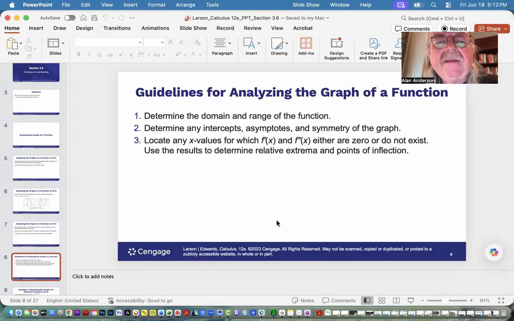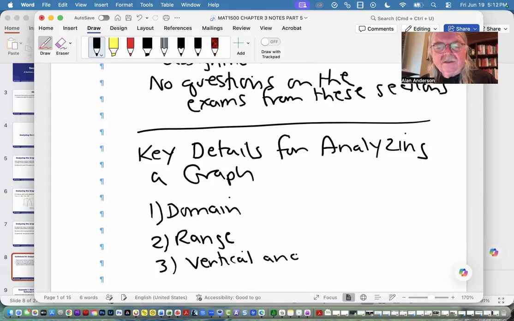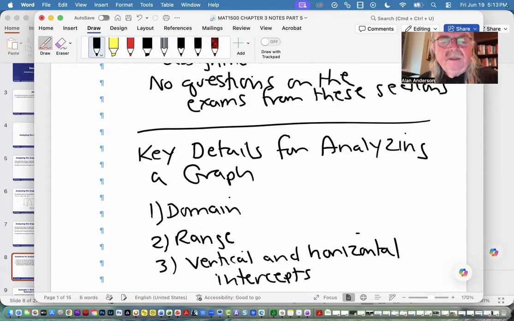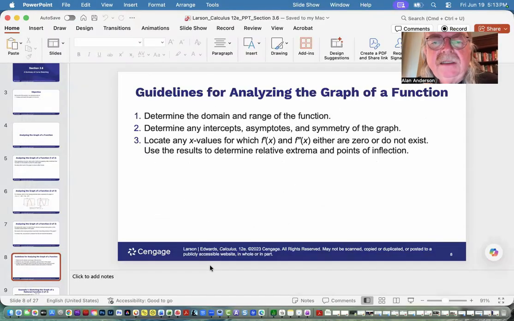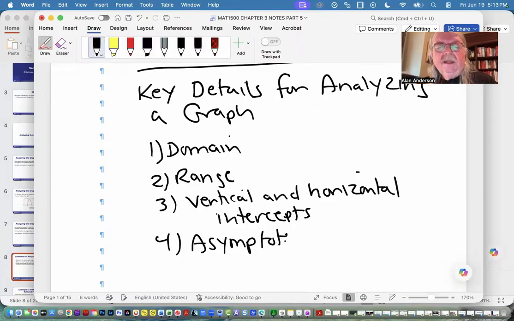If there are any, let's look for intercepts, both vertical and horizontal intercepts. Asymptotes. And of course, here we might find horizontal or vertical asymptotes.